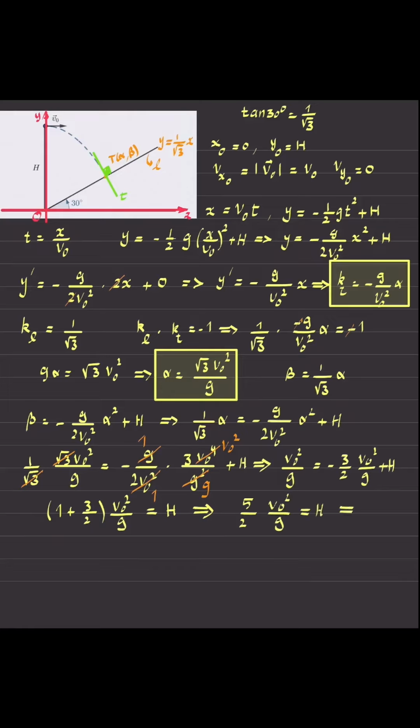My goal is to find v naught squared. So v naught squared becomes 2gh over 5. And then finally, v naught is the square root of this expression. This is the v naught.